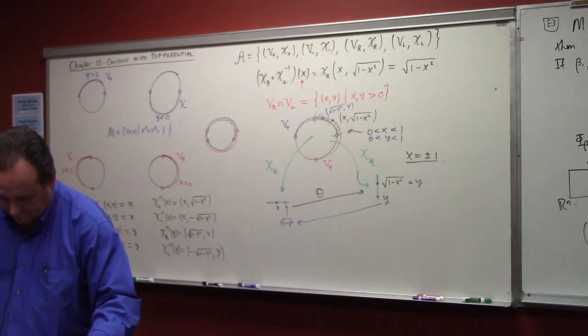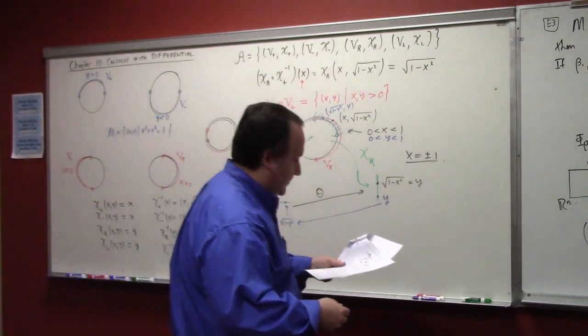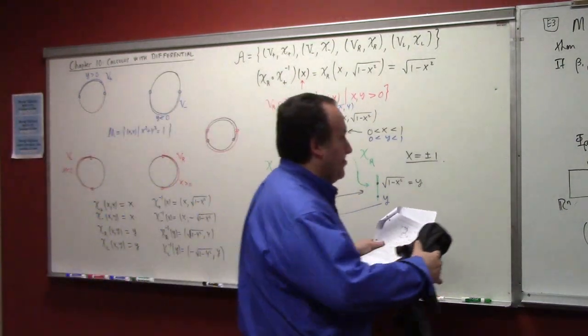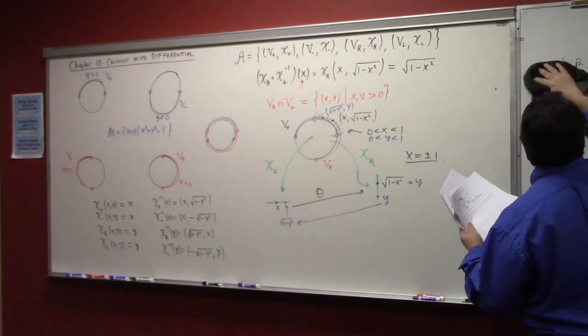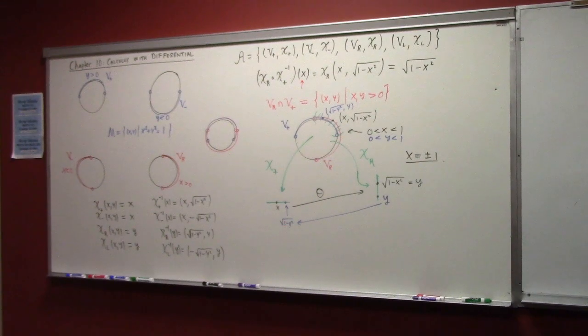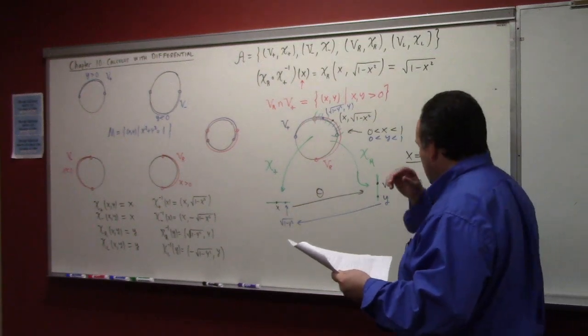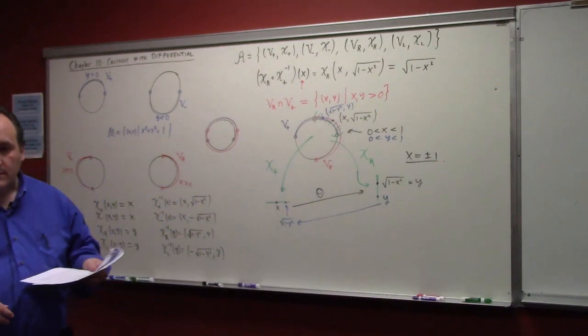All right. Now, next example. So the charts in this example are mapping every point in the circle to a point in R. Yeah, okay.